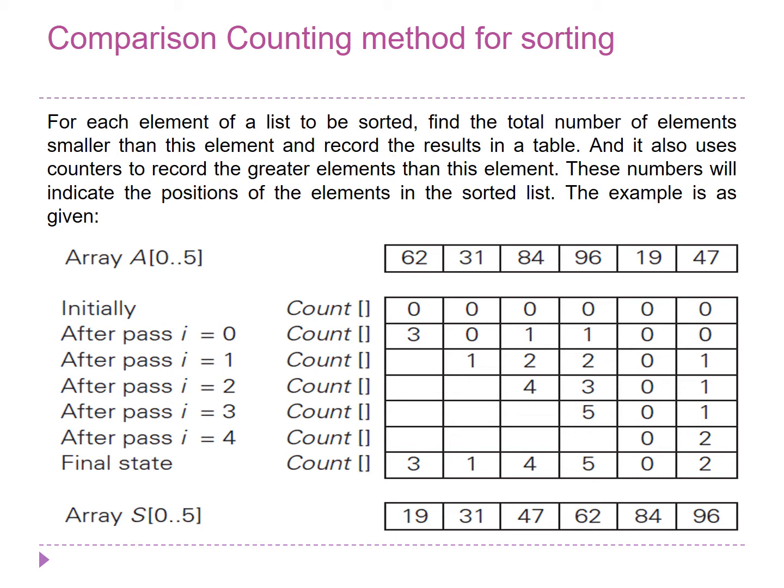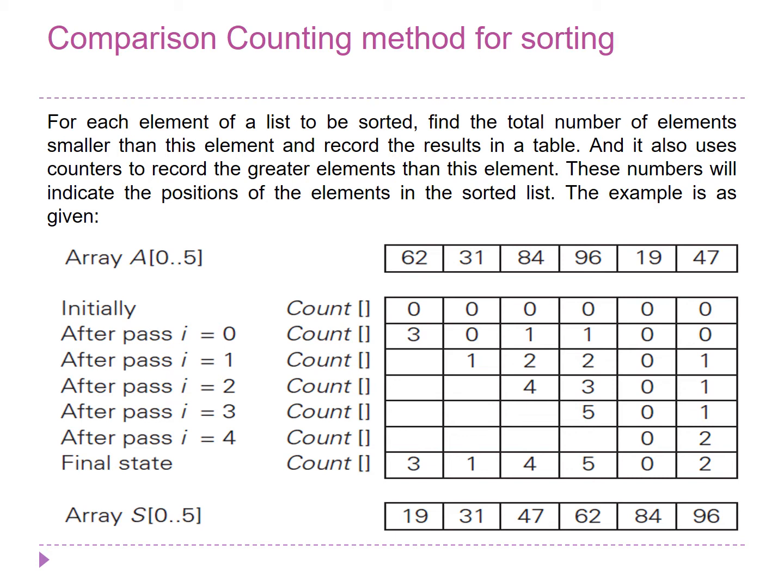In the second iteration, the second element in the input array is considered, which is 31. Down the input array, the number of elements that are less than 31 is counted. 19 is less than 31, hence the corresponding value in the count array is 1.